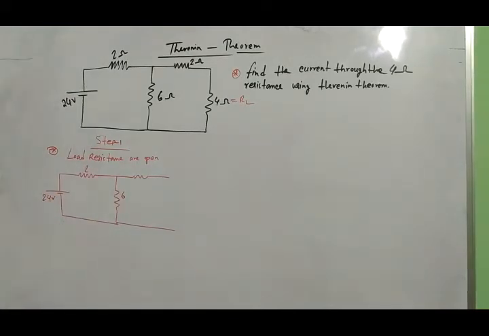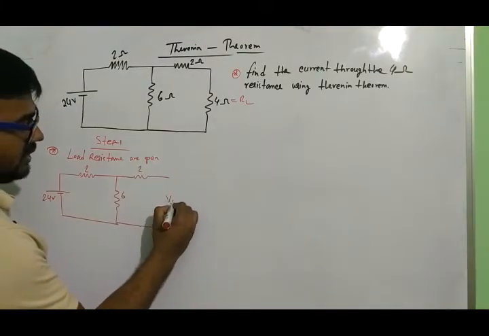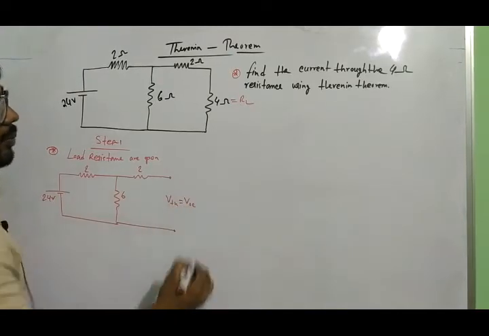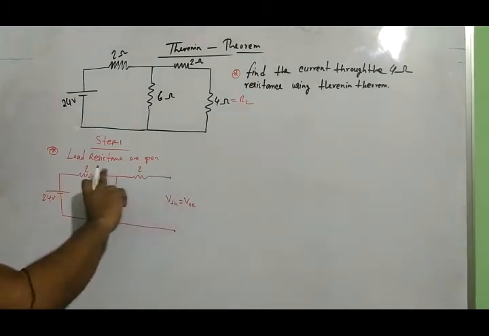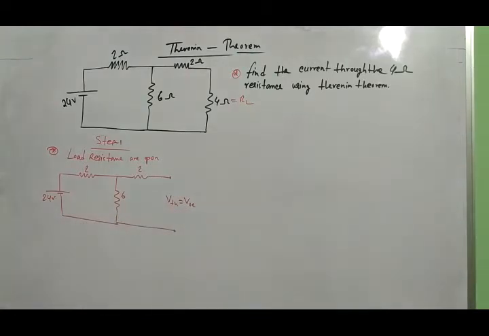Now from step 1 I find the Thevenin voltage, that is called VTH. This Thevenin voltage is also called the open circuit voltage across the open terminal.